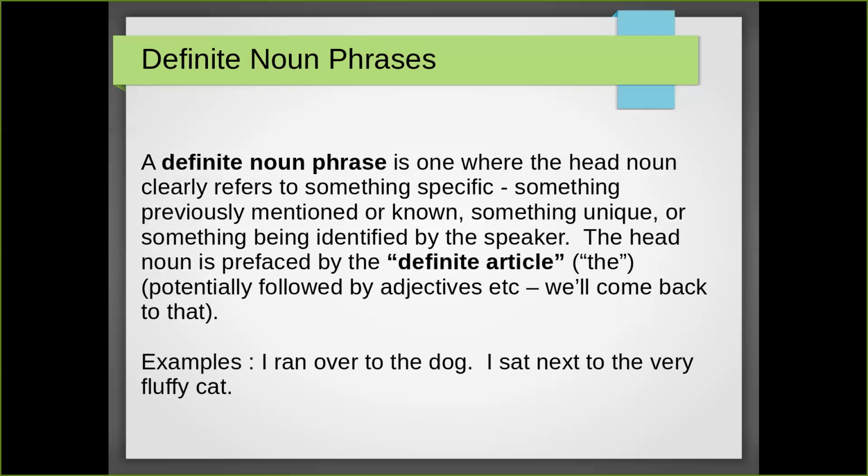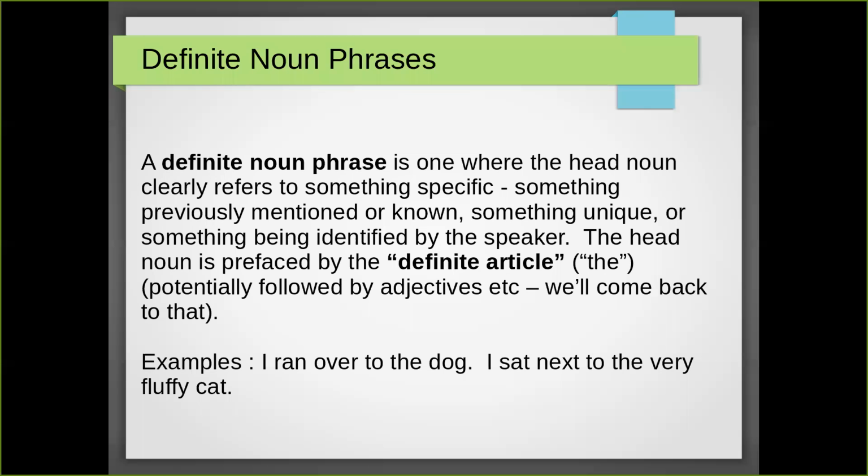So we also then talked about definite noun phrases, which is a noun phrase where the head noun clearly refers to something specific, something that the reader has been introduced to before within the text. So to find these, we identify where the head noun is prefaced by the definite article, so the word the, potentially followed by some adjectives.